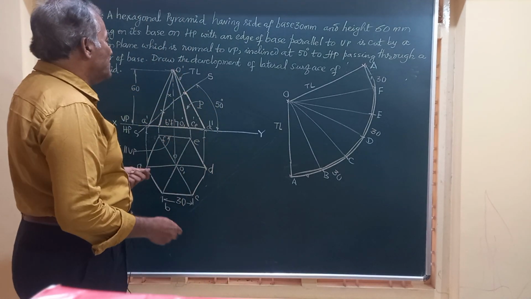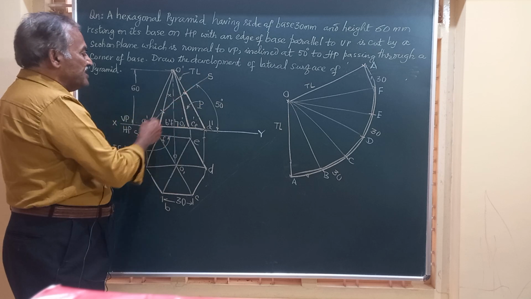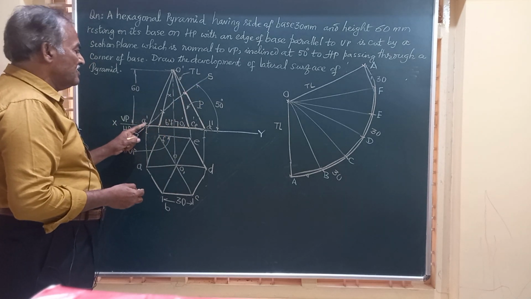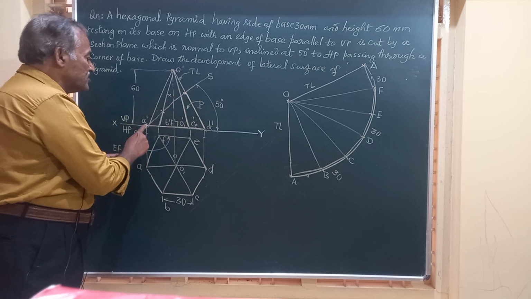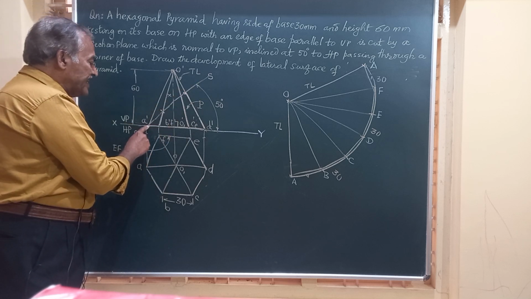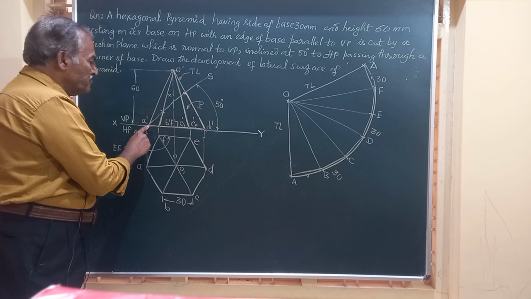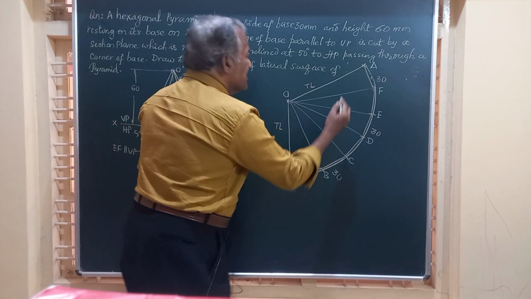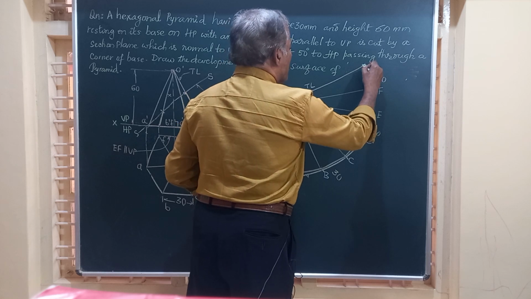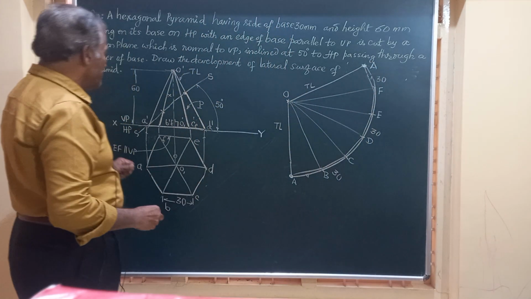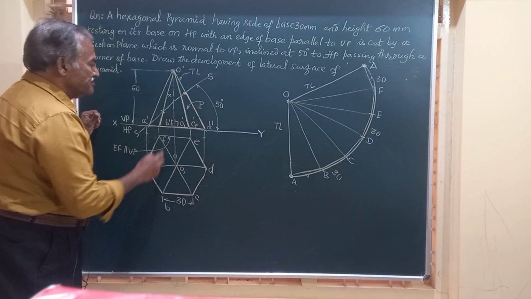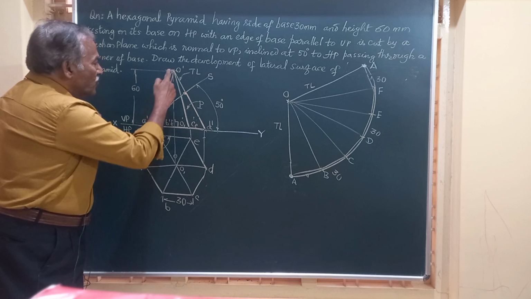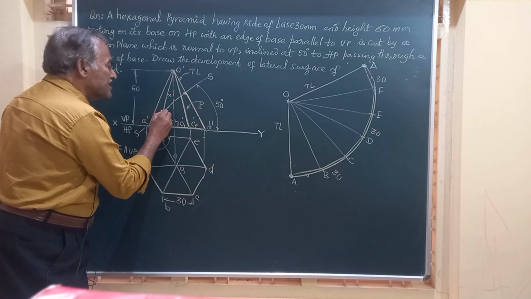Now, let us see where the section plane SS is cutting the solid. Let us start from this end. Friends, the section plane SS is passing through A dash, the corner of the base. So, I will mark that point here. This is a point on the base passing through A. Then friends, OB and OF are cut here.